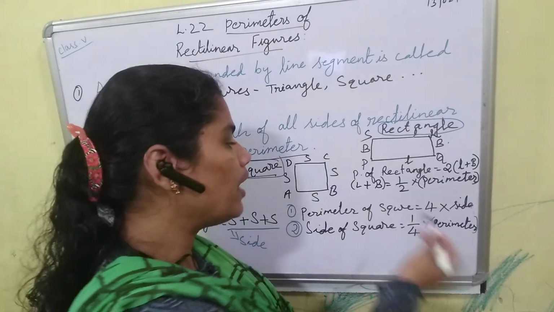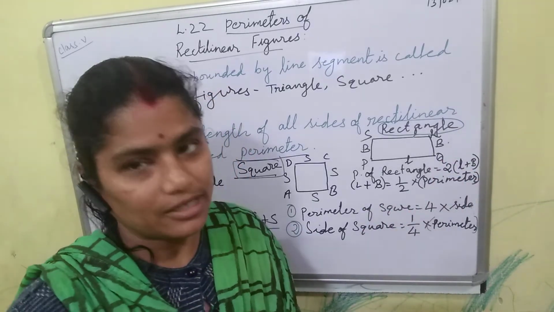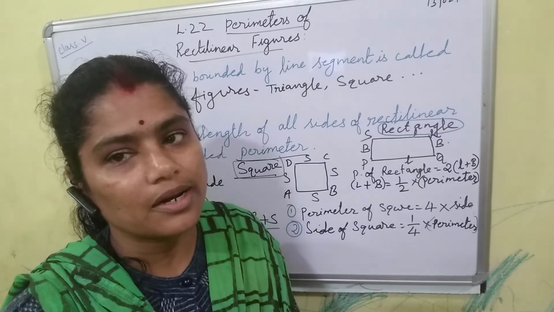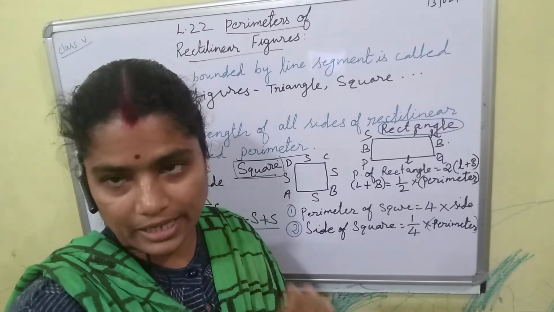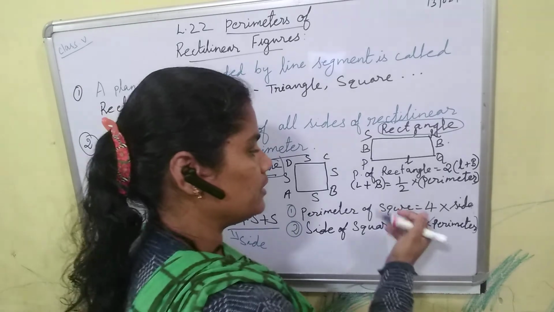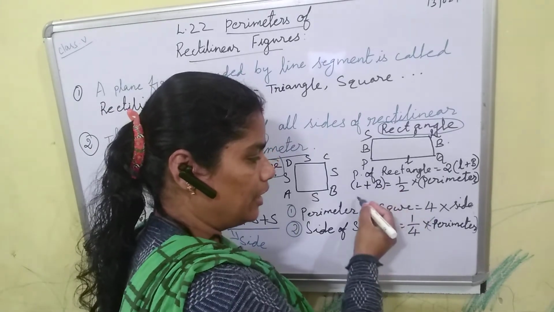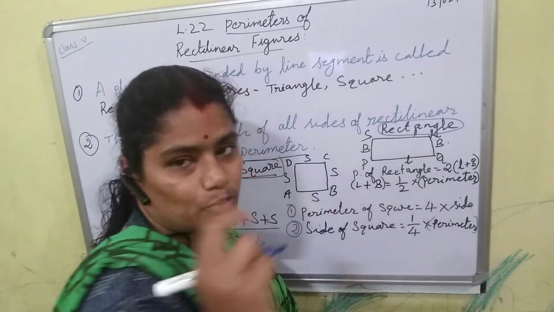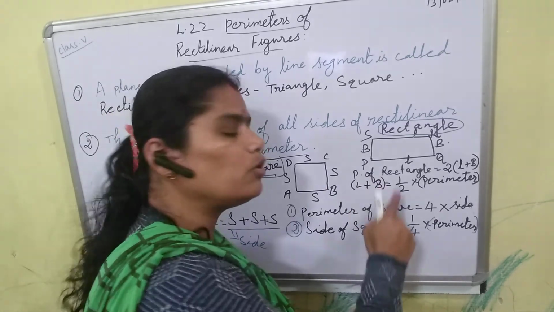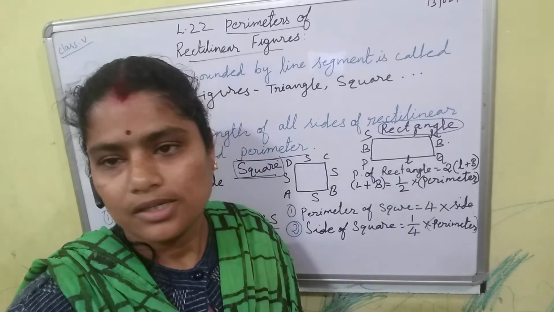If you have to find length plus breadth, then length plus breadth in bracket is equal to 1/2 multiply perimeter. Is it clear?